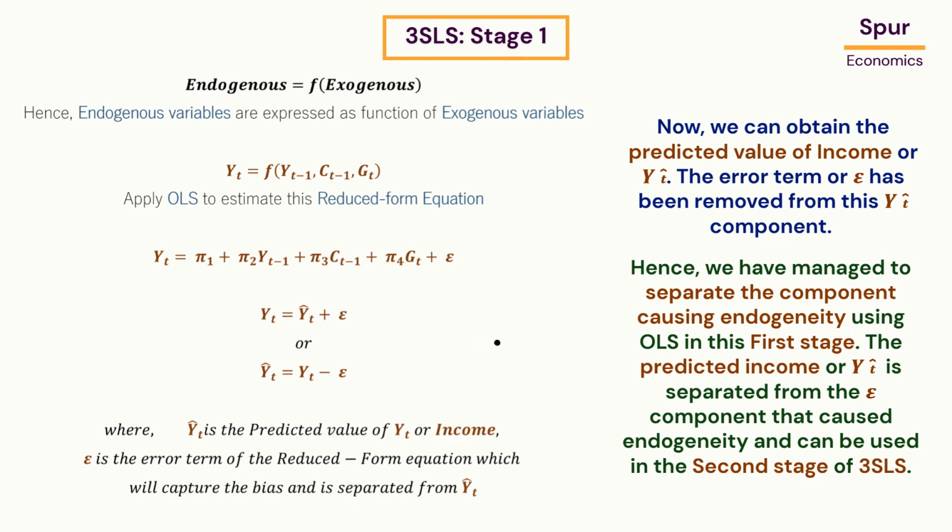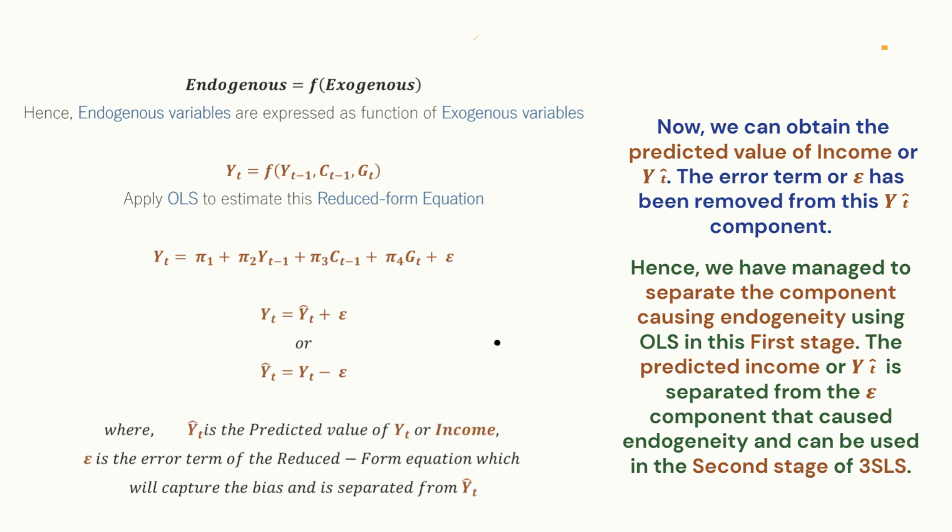The error term or epsilon has been removed from this YT cap component. Hence, we have managed to separate the component causing endogeneity using OLS in this first stage. The predicted income or YT cap is separated from the epsilon component that caused endogeneity and can be used in the second stage of 3SLS.